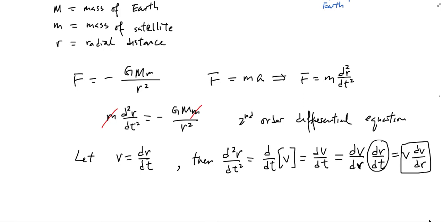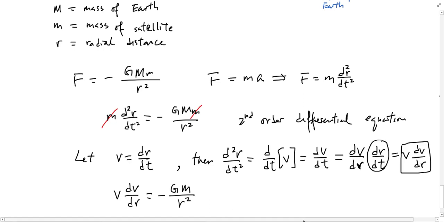So by doing this process, now allow me to bypass t and just talk about how v and r affect each other. So therefore, I'm going to now replace d squared r over dt squared with v dv over dr equal to negative GM over r squared.